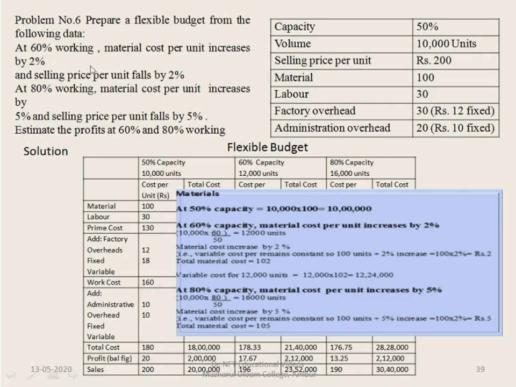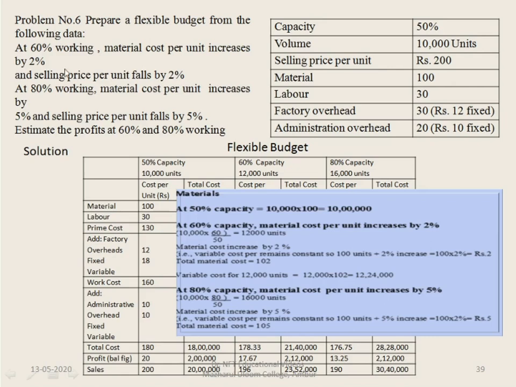If nothing is mentioned relating to material, that is, increase or decrease, we would have taken 100 rupees per unit at all different activity levels, like 60% and 70%, because cost per unit remains constant at different activity levels. But here there is an increase of 2% at 60%.